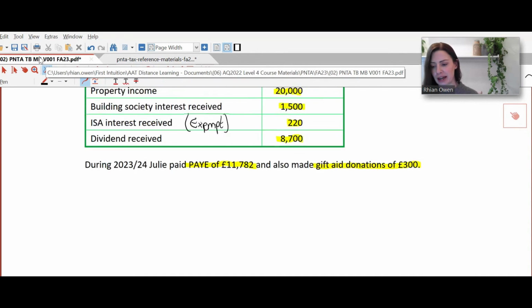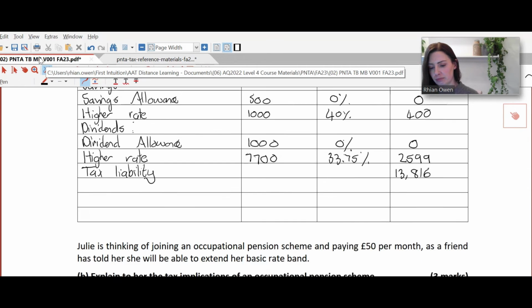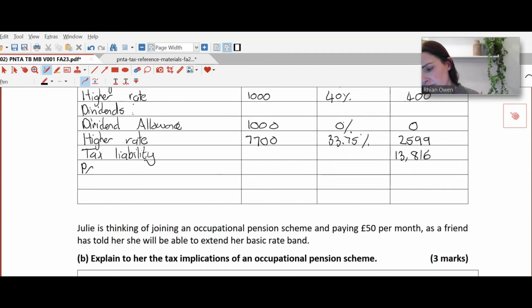So we need to deduct that now. So pay as you earn £11,782, and that leaves us with tax payable. So that's £13,816 minus the pay as you earn of £11,782 gives us tax payable of £2,034.